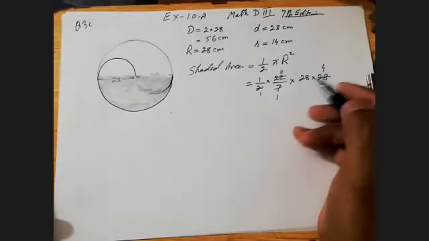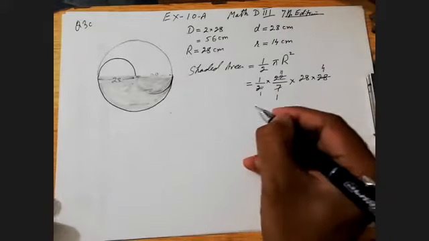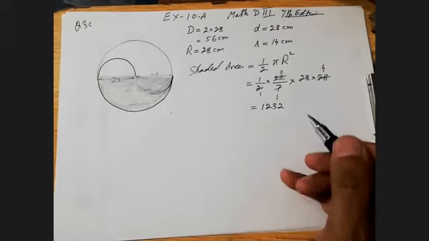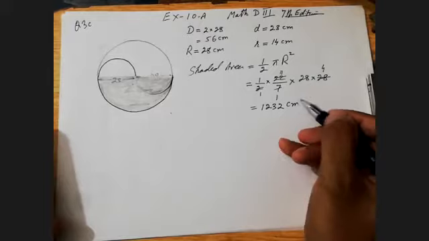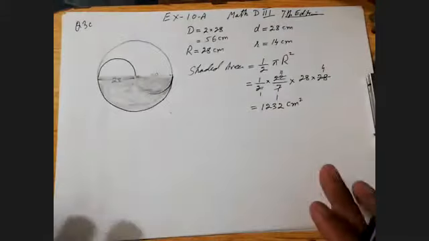Now 44 multiplied by 28 gives you 1232 centimeter square. So this is the shaded region which we have calculated.